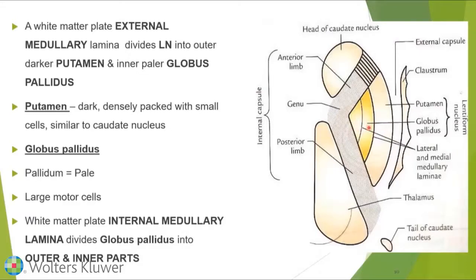The globus pallidus, the word pallidum means pale, is made up of large motor cells. The globus pallidus is again subdivided into an outer part and an inner part by means of the internal medullary lamina, or otherwise medial medullary lamina. So in this slide, we've studied the subdivisions of lentiform nucleus into an outer putamen and an inner globus pallidus.